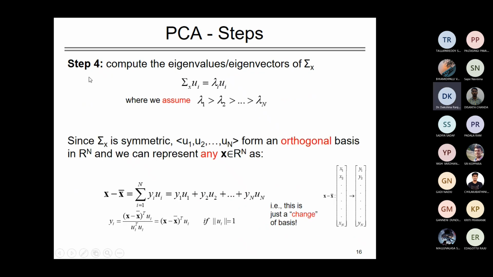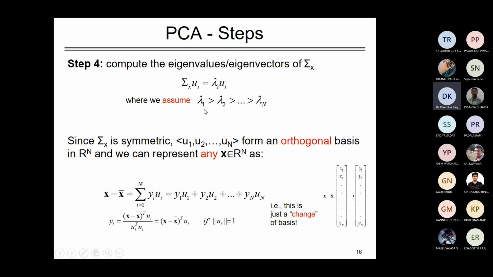In the next step, we compute the eigenvalues and eigenvectors. So we get the relation sigma x ui equals lambda i ui, where sigma x is the covariance matrix, ui is the unit vector, and lambda i represents the eigenvalues. If we take the right hand side to the left hand side, we get sigma minus lambda i into ui equals 0.